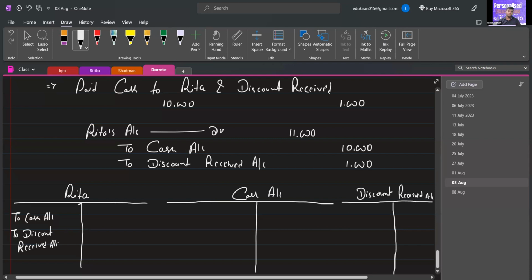So we have to write both of these. What about cash? Cash account by Rita account on the credit side. And on the discount received account, by Rita account, credit side.